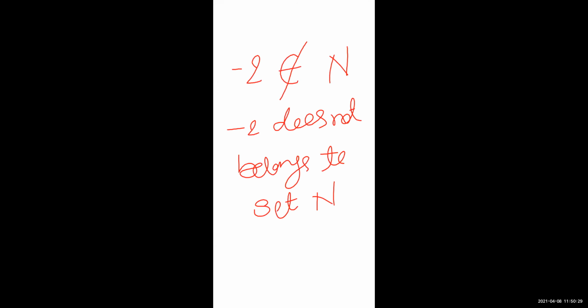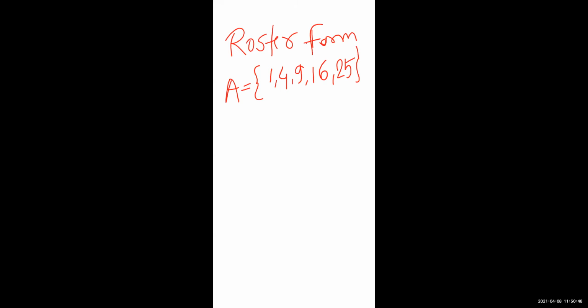First of all, I am going to write the listing or roster form. The first example for roster form is set A is 1, 4, 9, 16, 25. Roster form is done.